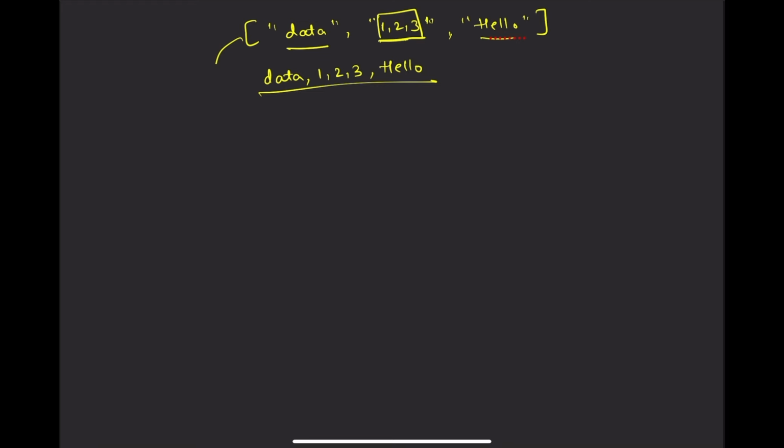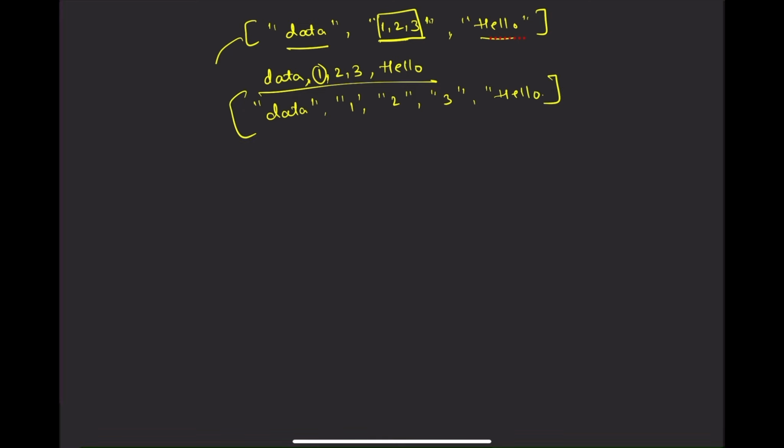Now when you decide to decode it, what happens in that case? You see a comma, that's where your new word begins, so you'll have your first string. You see a comma immediately here. What happens then? Our decoder would think 1 is one separate string, then 2 as a separate string, and 3 as a separate string, and hello as a separate string.